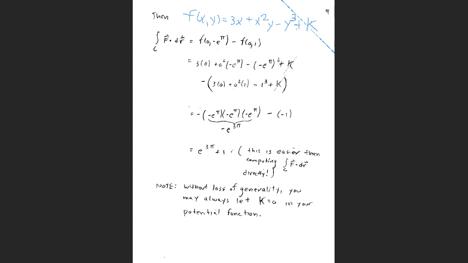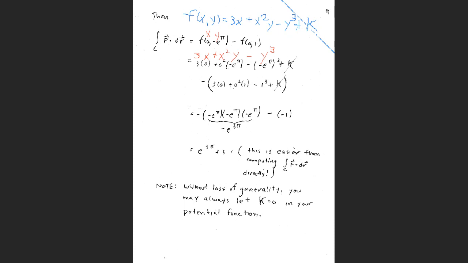So you can see what I'm doing here. 3x plus x squared y minus y cubed, and you put in your x and your y here.